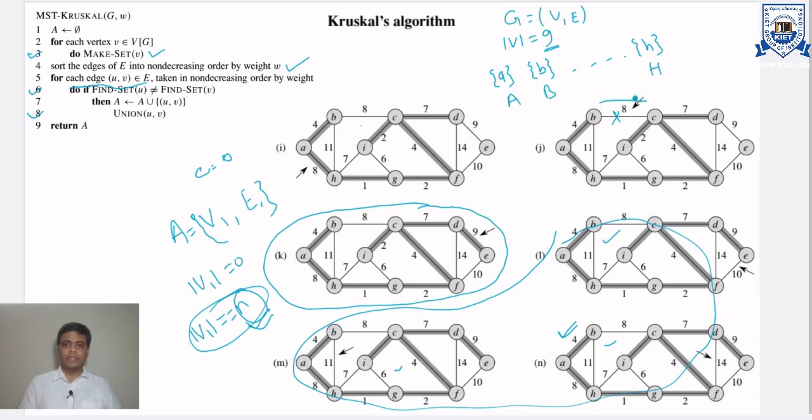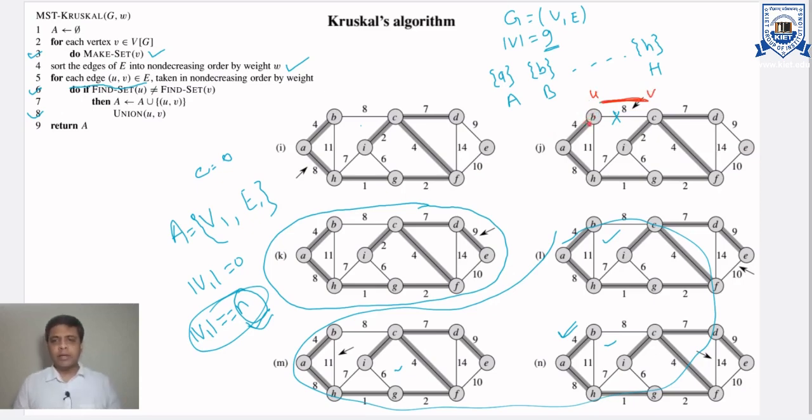If I am considering the edge BC, let's change the color. If I am considering this edge BC, so for edge UV, this is U temporarily and this is V. Then is the set of U and the set of V the same or not?